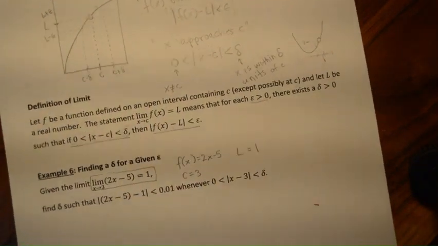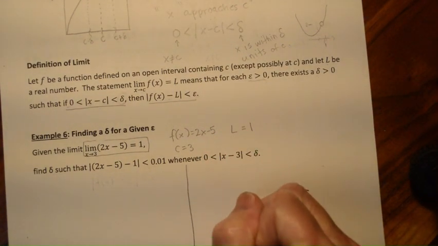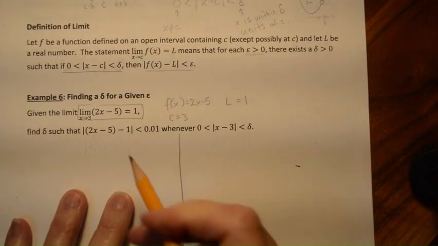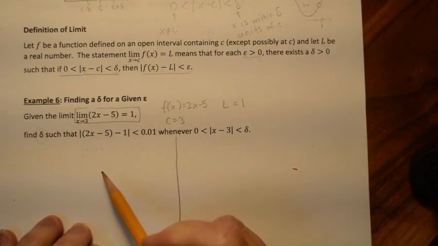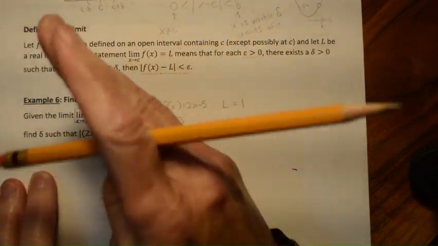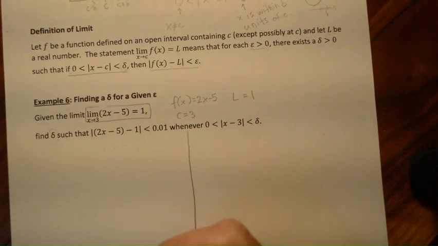All right, now we're going to do 2 things. We're going to kind of do a cheater's method here, although it's not a cheater's. Everybody does it this way. We're supposed to find that delta, and we're going to work backwards to find the delta. We're going to start with this, where we've been given a lot of information.